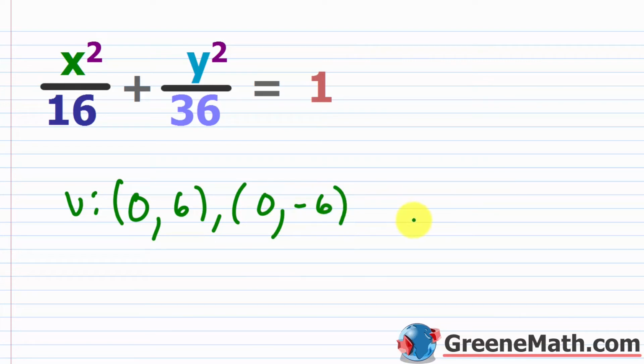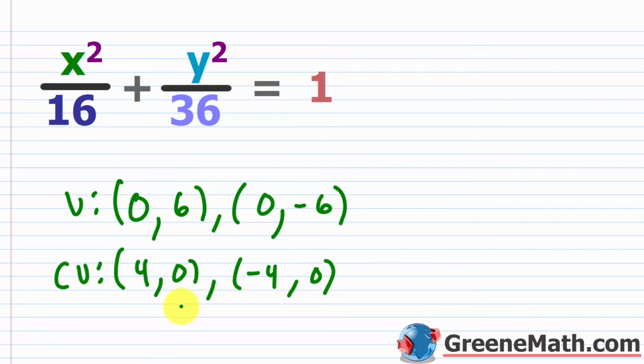If I start at the center, I go 6 units up, and start at the center, I go 6 units down. Then the covertices are going to be on the x-axis. The square root of this is 4, so (4, 0), and then the negative square root is (negative 4, 0). Start at the origin, go 4 units to the right, and start at the origin, go 4 units to the left.